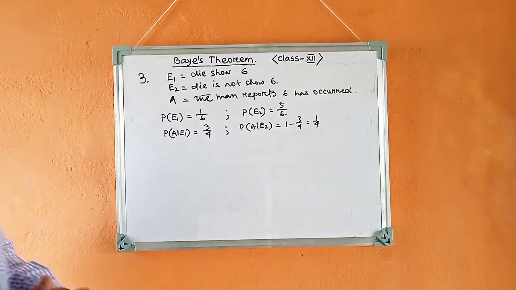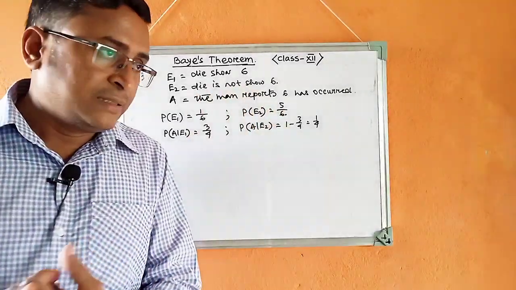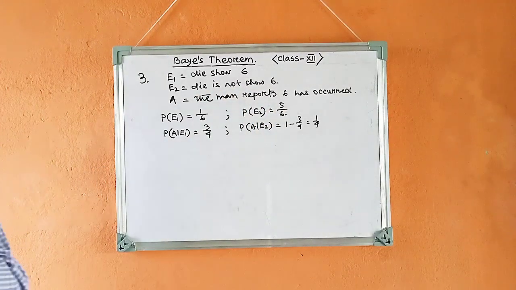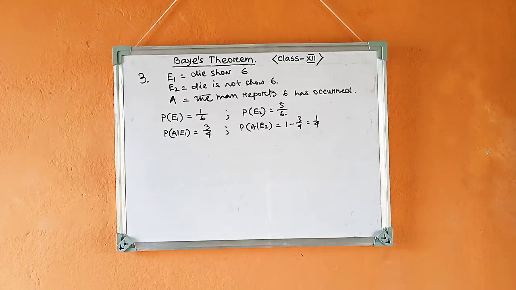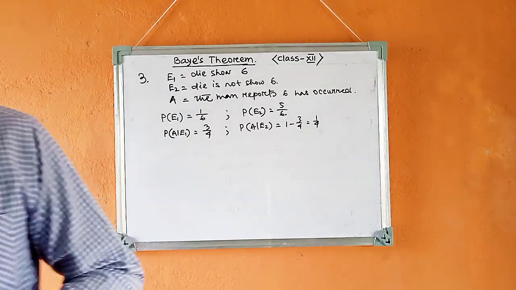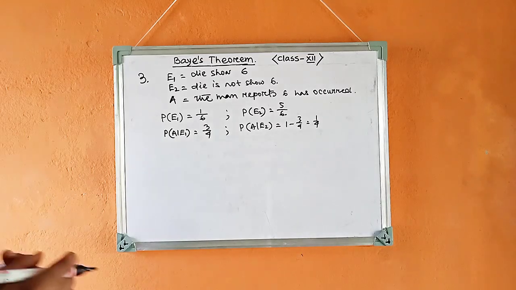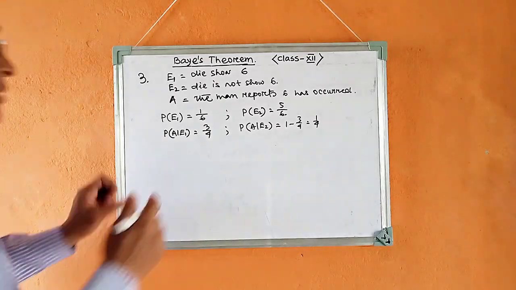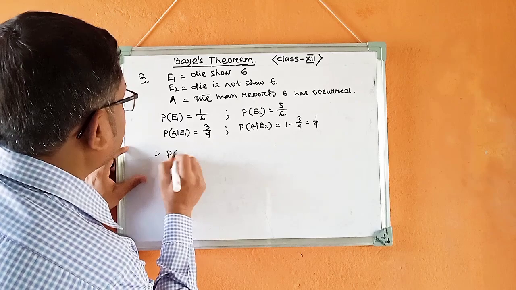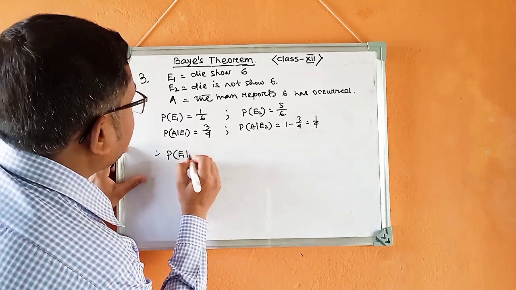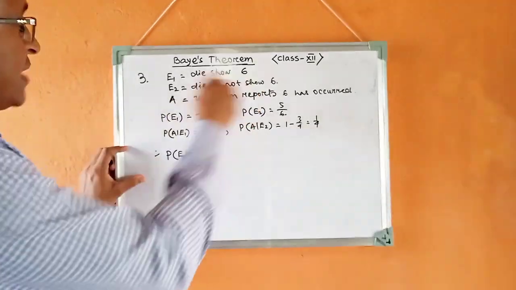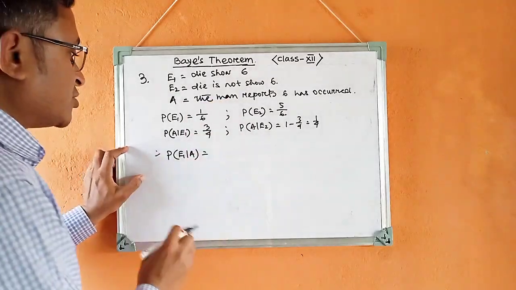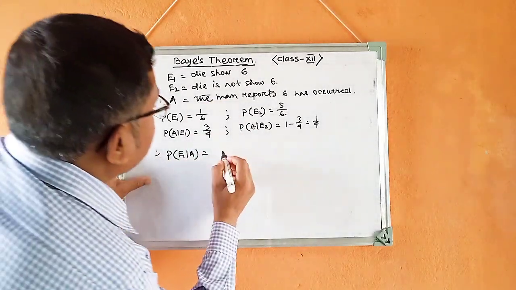Now using Bayes theorem. The required probability, that means find the probability that it is actually a 6. So P(E1/A), by using Bayes theorem, means the die shows 6 and he speaks the truth.